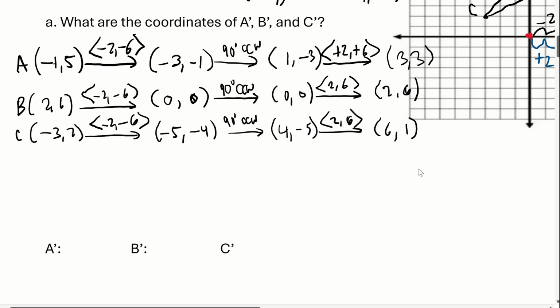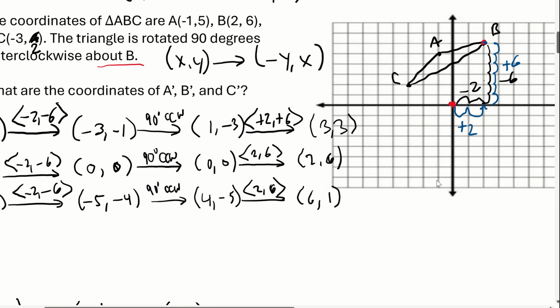All right, so those are your coordinates. And let's graph them to see how it changes the answer. So let's see what the final answer looks like. Okay, I'm gonna do that in green.